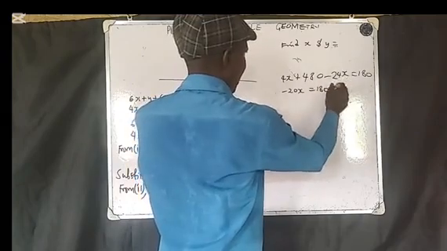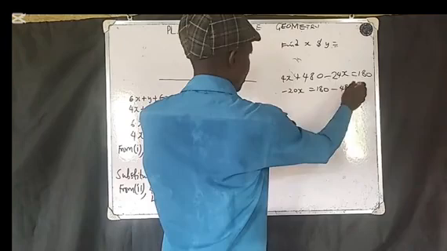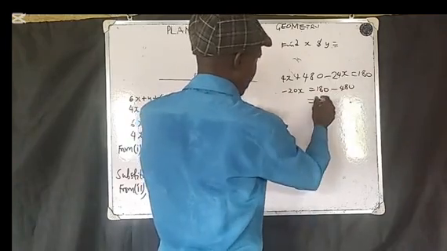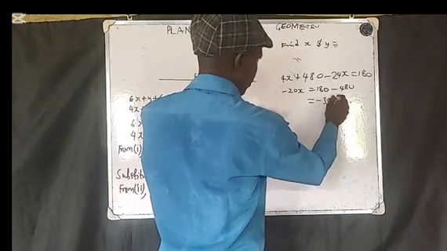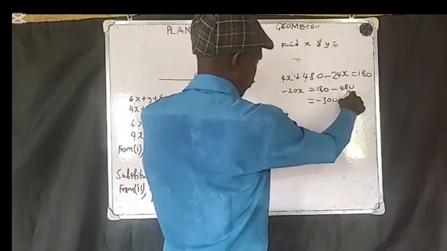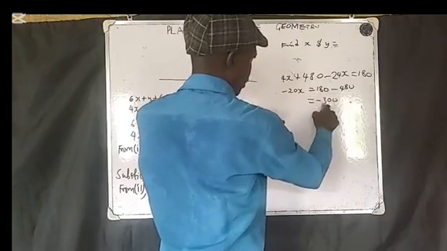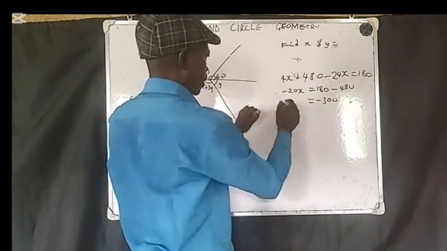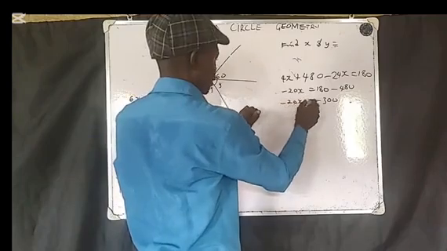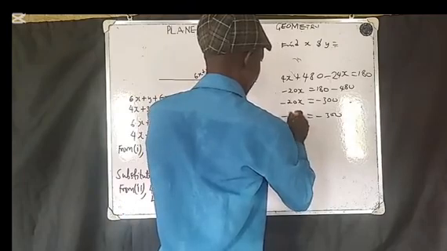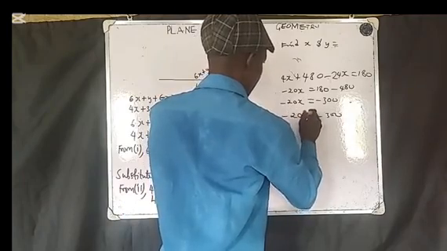Then you have minus 480. Use 180 to reduce your debt here. Your debt will remain 300. 80 will cancel 80, then 100 will remove 100 from 400. You are left with minus 300, equals minus 20x.